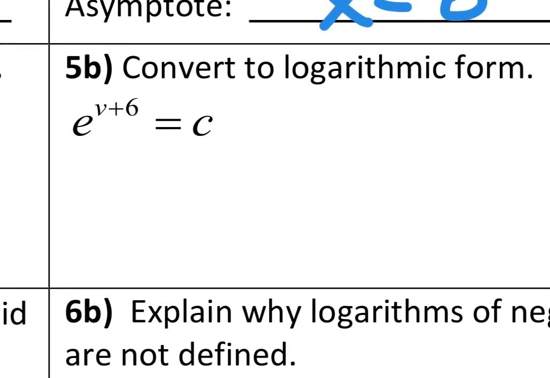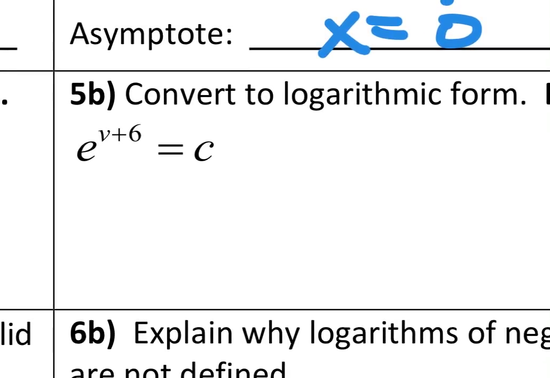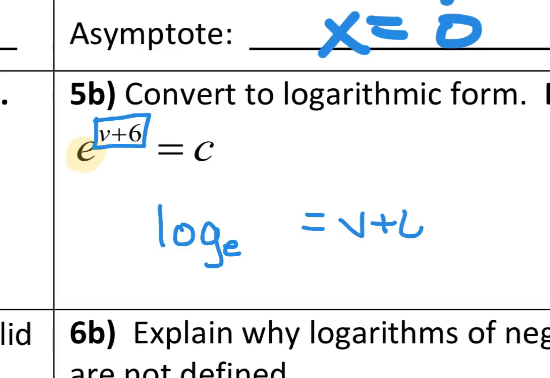And then in the opposite direction, you're going to convert this to logarithmic form. And again, don't forget that the base of the logarithm is the base of the exponent. And so this whole thing is going to be log base e. And remember that the logarithm equals the exponent, and that the exponential function equals the input to the logarithm.